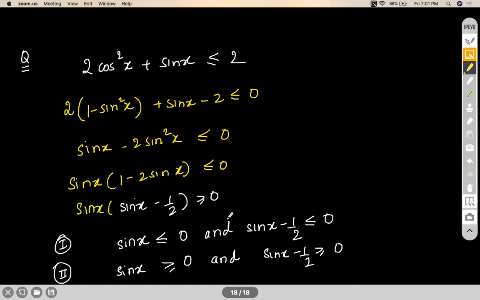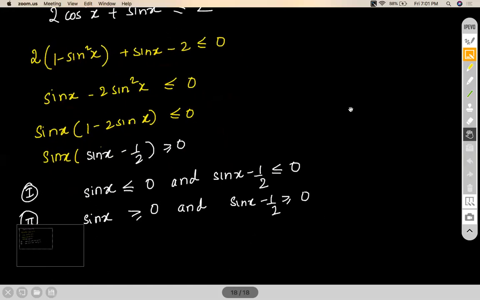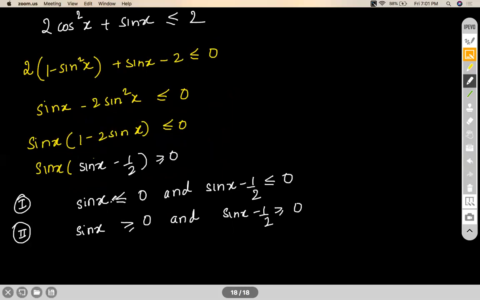But remember, when you are trying to solve the first condition, sin x is less than 0 and sin x is less than half. Can I say when sin x is less than 0, automatically sin x will be less than half? That condition will be taken care of. Am I right?